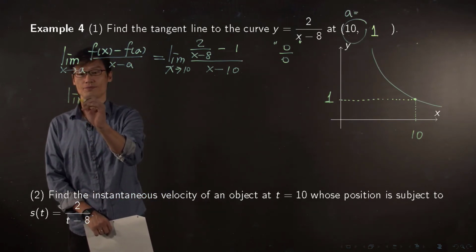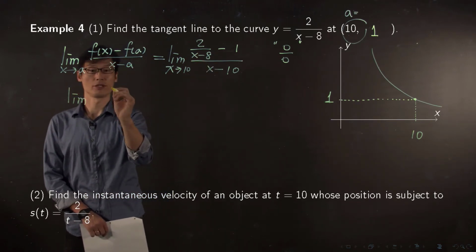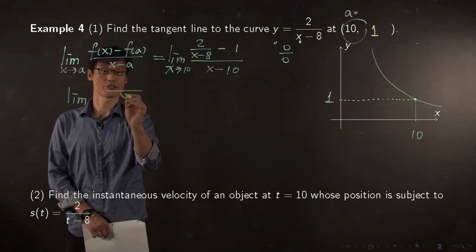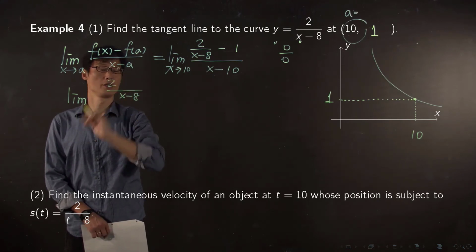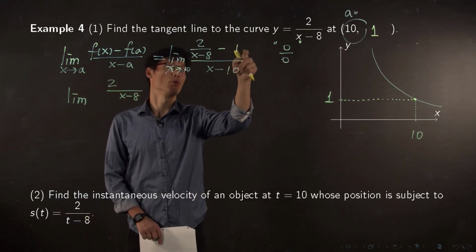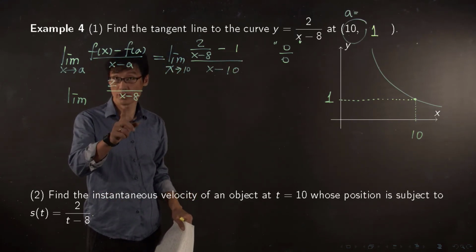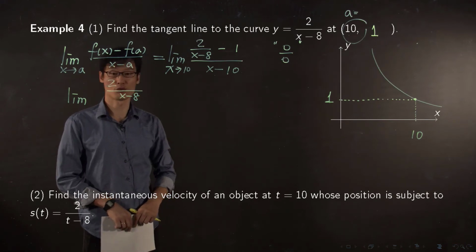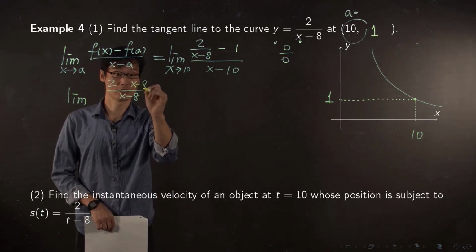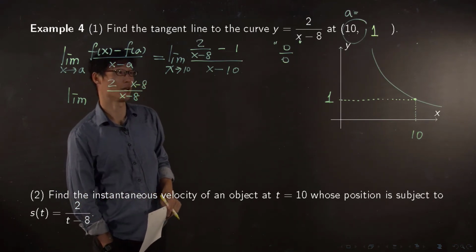Okay, so common denominator is x minus 8. So this one is going to be x minus 8 over x minus 8. So that's why we'll have x minus 8. But be careful with the sign.